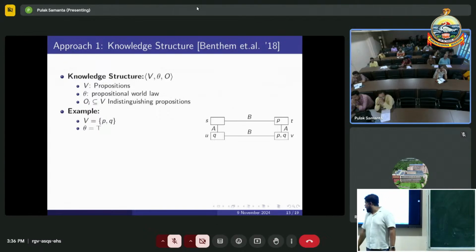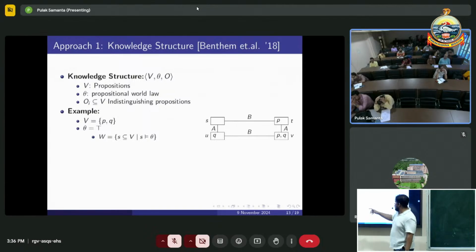Now the O_i's. W is all the evaluations that satisfy theta.